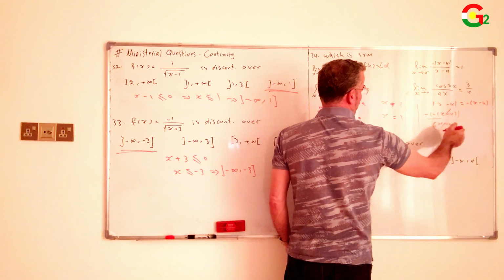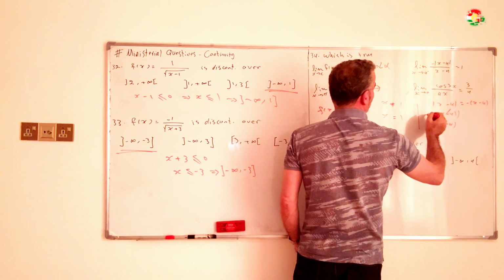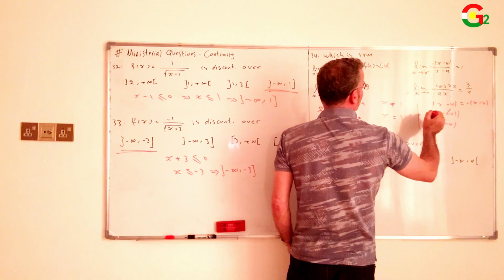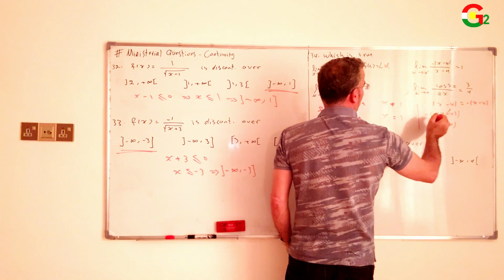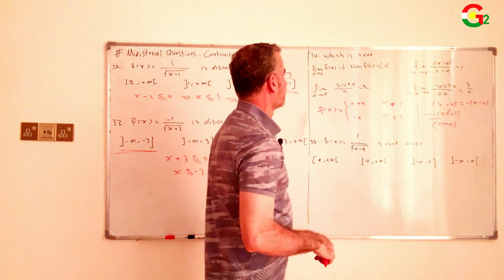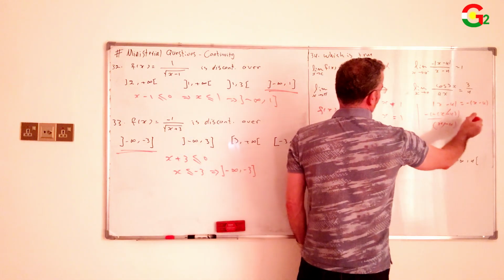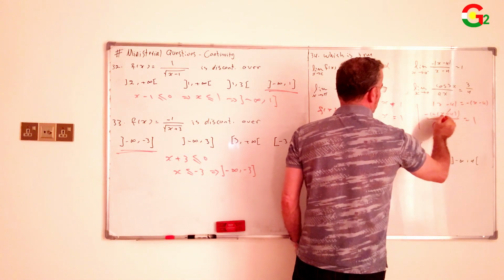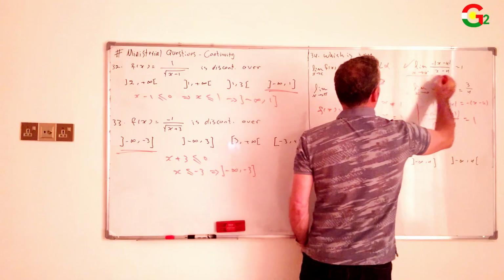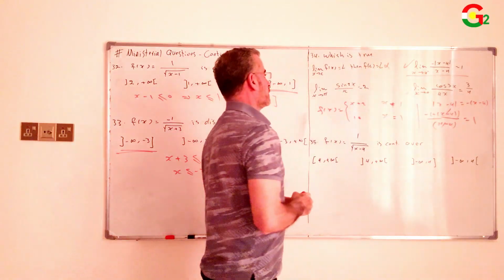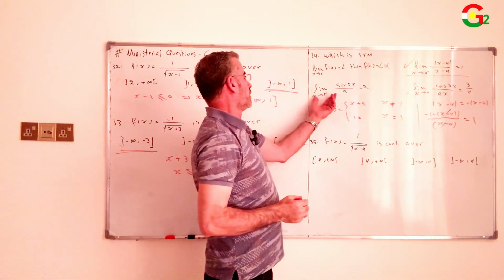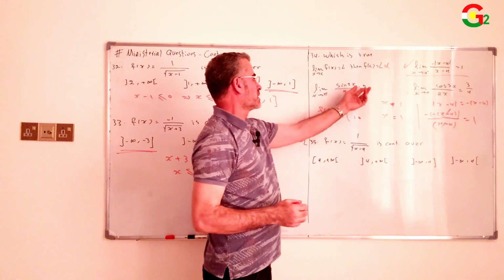X minus 4 cancels with x minus 4, negative times negative, then the answer is 1. Therefore, this statement is true.